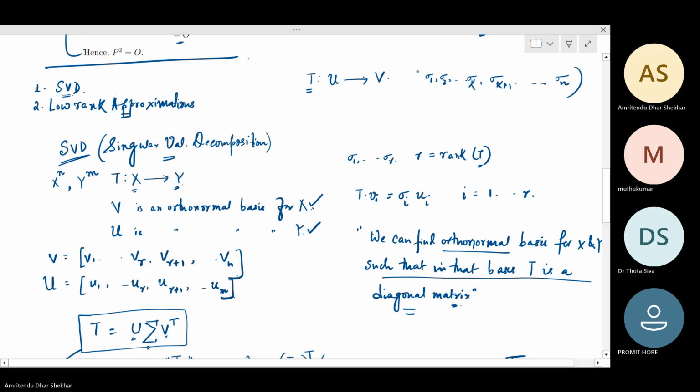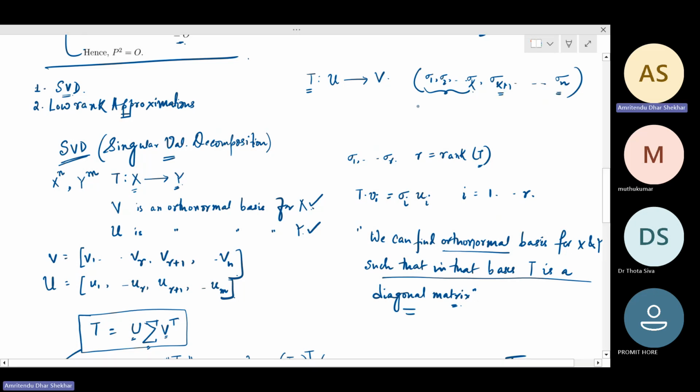Now let's say that sigma 1 to sigma k are large and sigma k plus 1 up to sigma n are small.